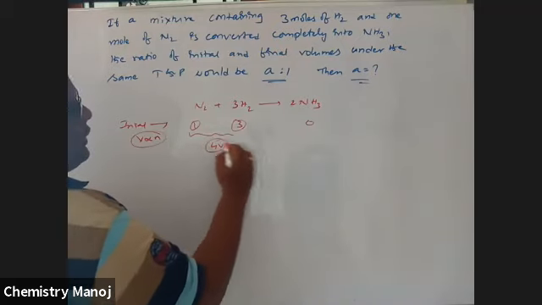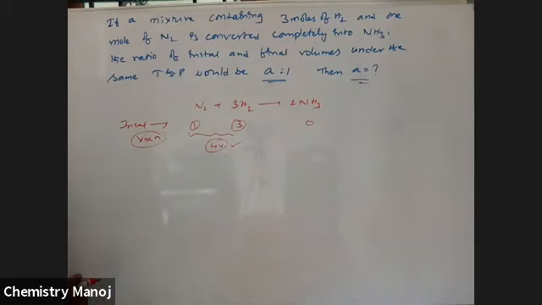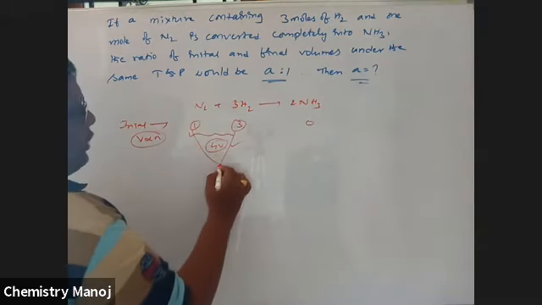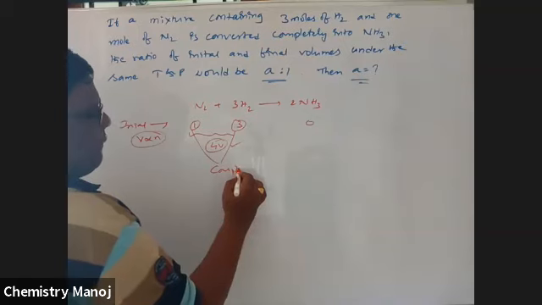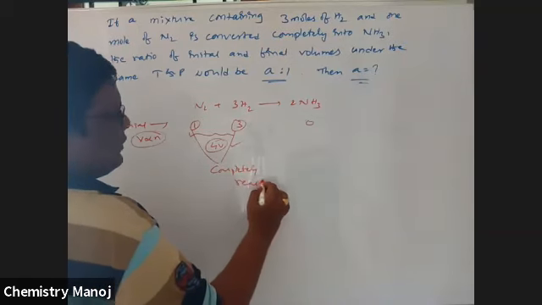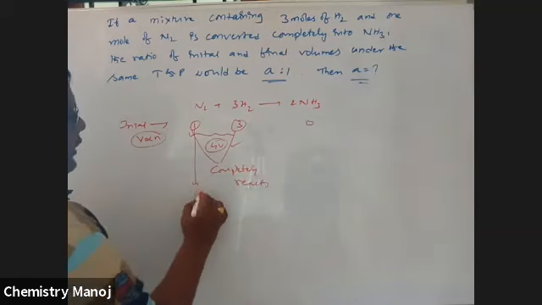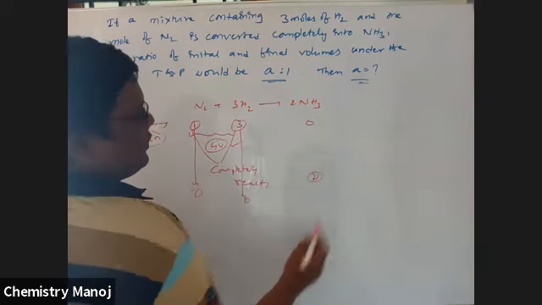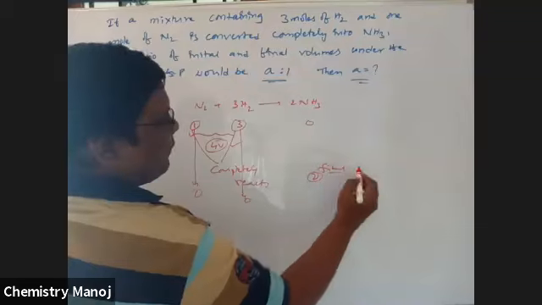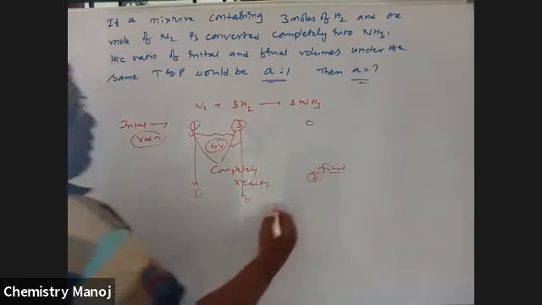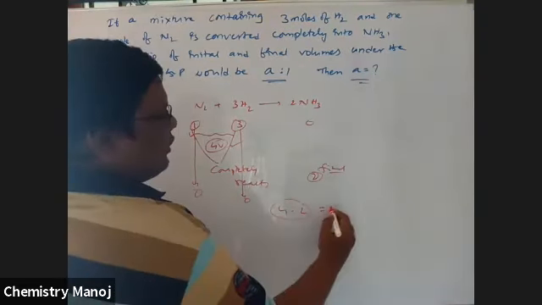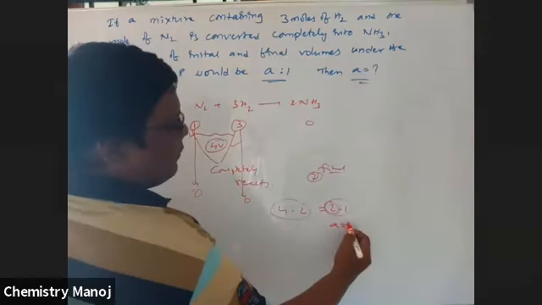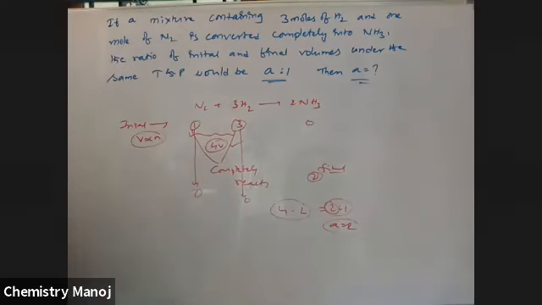Now 4 volumes are there. 1 volume reacts with 3, so both completely react and the final volume is 2. Therefore 4:2, that is 2:1. So A is equal to 2.